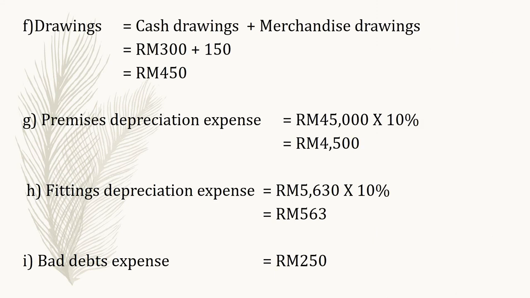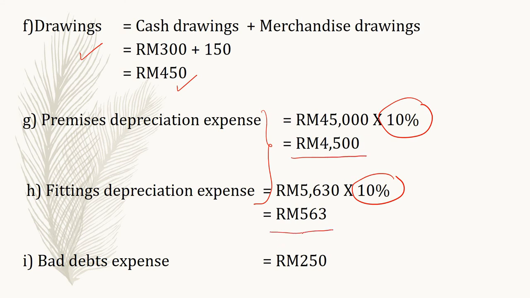whereas for the rest of the items in the question, you have drawings, that is cash drawings and merchandise drawings, 450 ringgit. Your depreciation, okay, so you have two non-current assets, so each is depreciated at the rate of 10% per year. So this is the depreciation for premise, and this is the depreciation for fittings.